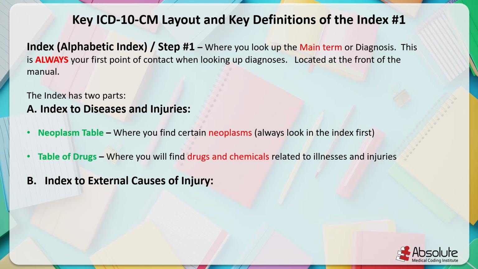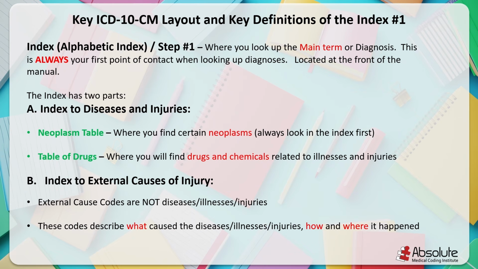And don't forget, in your index to external causes of injuries, these are not diseases or illness or injuries here. These are the how, where, and what of that, let's say, injury. Let's say someone burns their hand. What caused the burn?